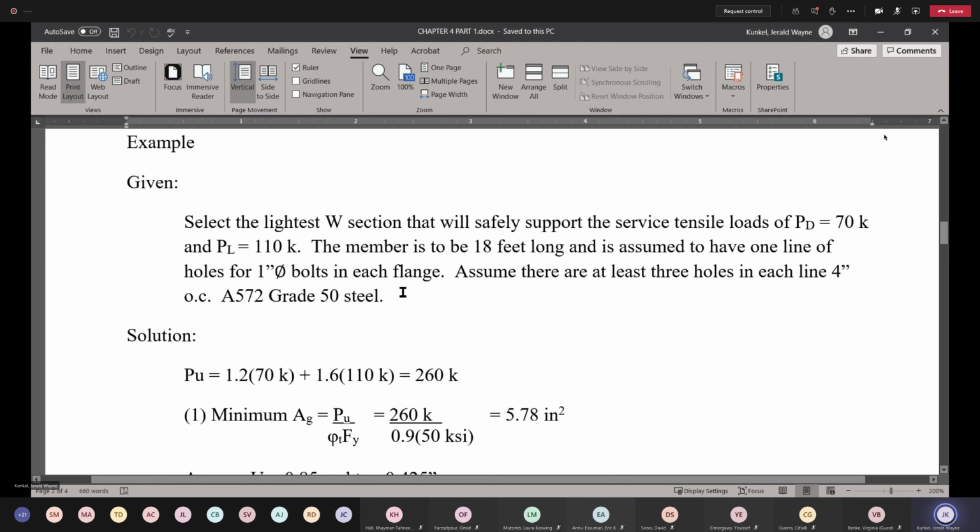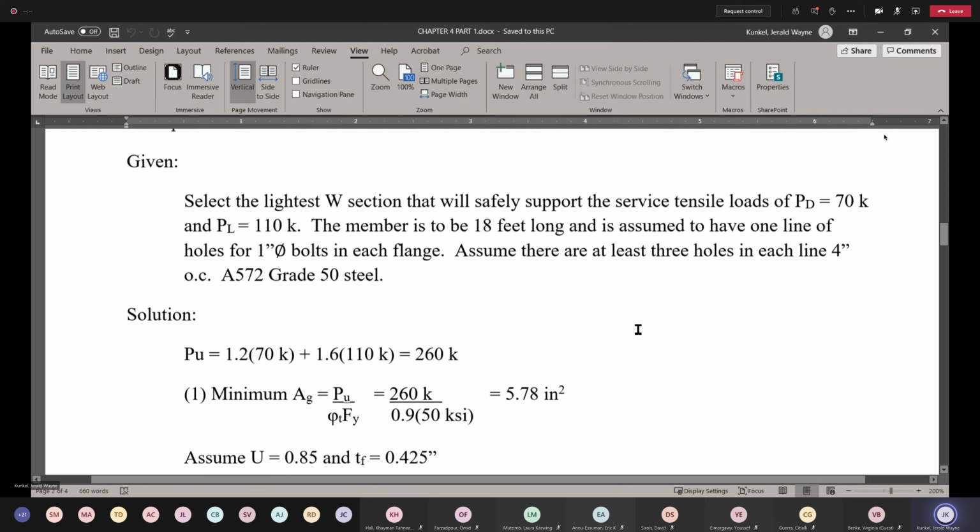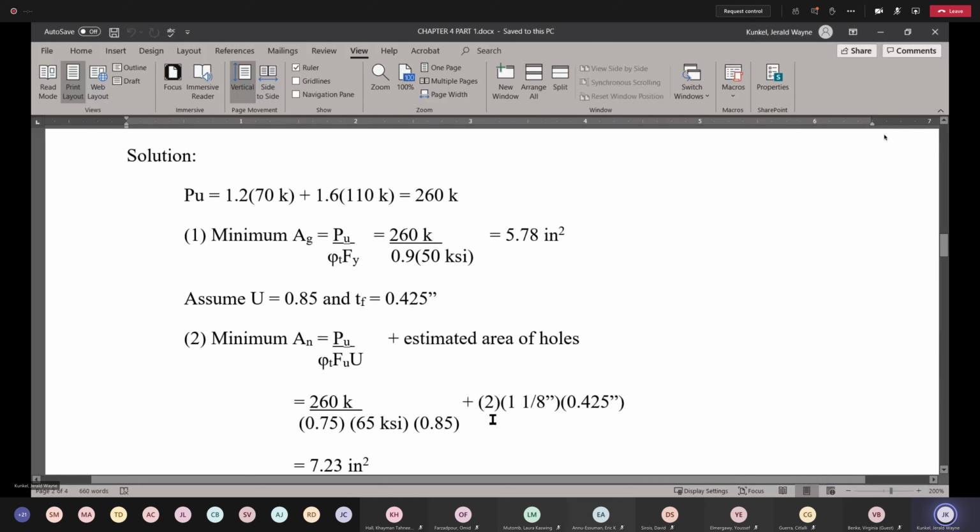When you count the flanges on a wide flange, it's got 2, a top flange and a bottom flange. So that means that there's 1 line of these holes in the top flange and 1 in the bottom flange. So we're going to subtract out 2 holes.